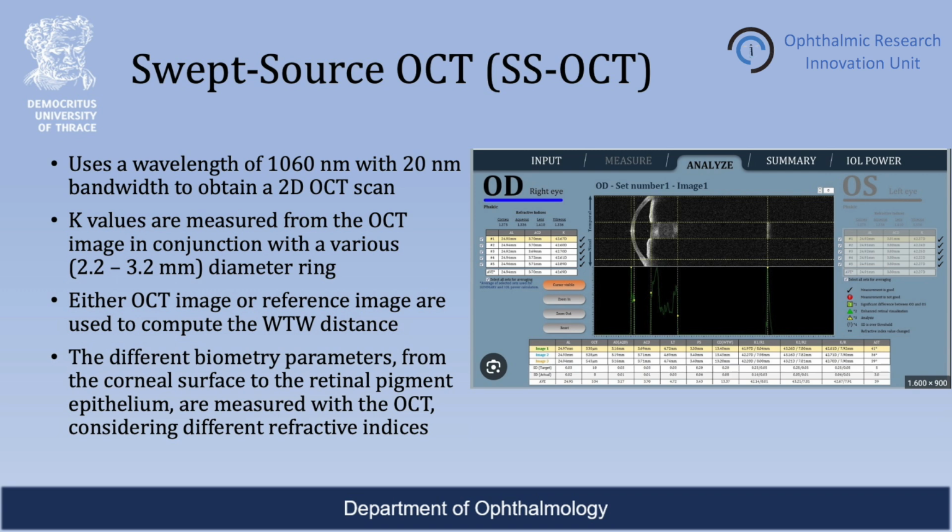However, other devices use the reference image to compute the white-to-white distance. The different biometry parameters, from the corneal surface to the retinal pigment epithelium, are measured with the OCT, considering different refractive indices. Swept source OCT technology is the most commonly used method for the preoperative ocular biometry assessment in cataract surgery.